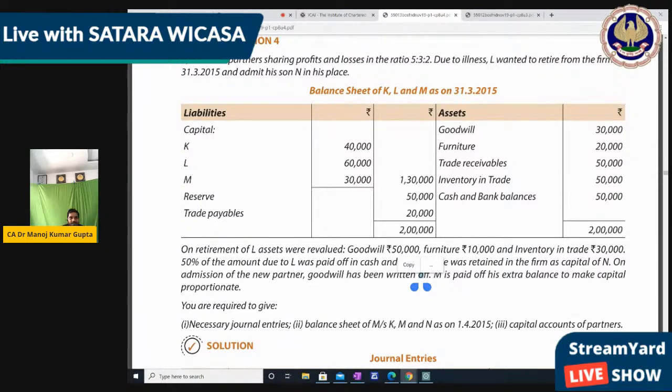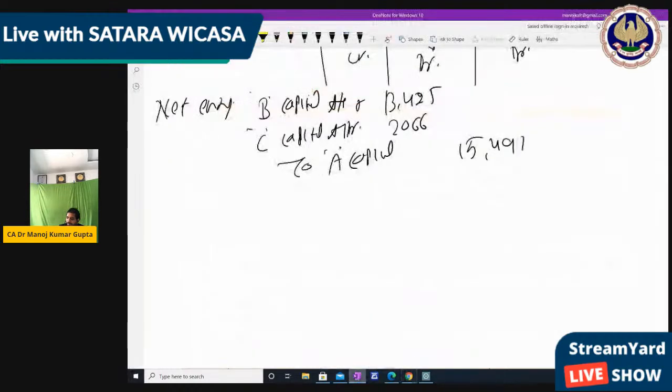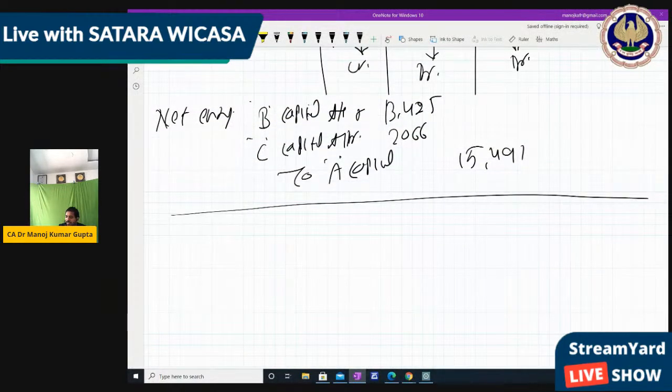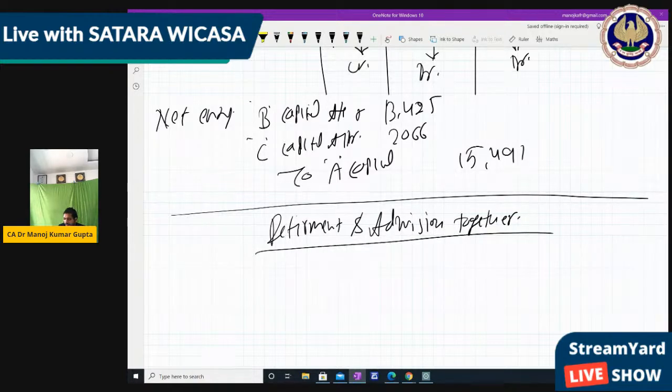So before reading this sum, we make the heading: retirement and admission together. It's very simple, nothing special. We know retirement also, we know admission also. Right? So it's an all-together part. Understood? But first we take the break. Okay? Then we do this.